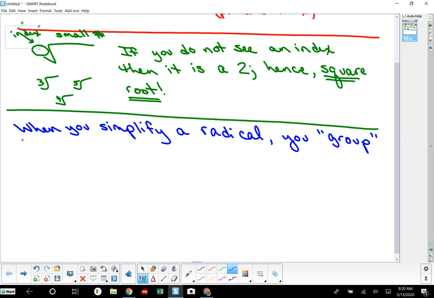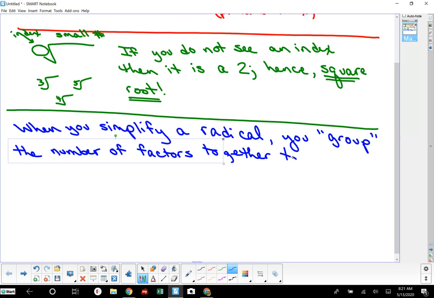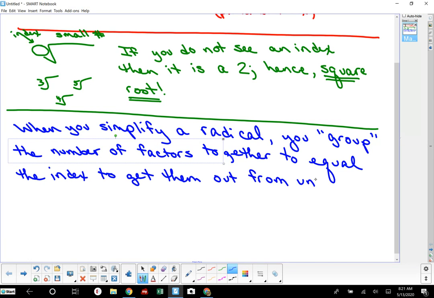You group the number of factors together to equal the index, to get them out from under the radical. You already know that, right? You've been grouping things together in groups of 2. Well, that's why you've been grouping them in groups of 2.